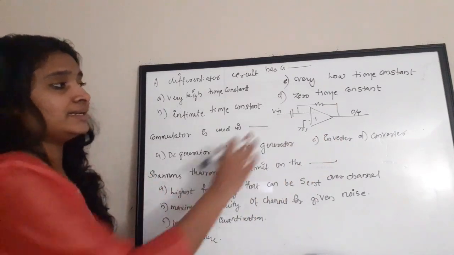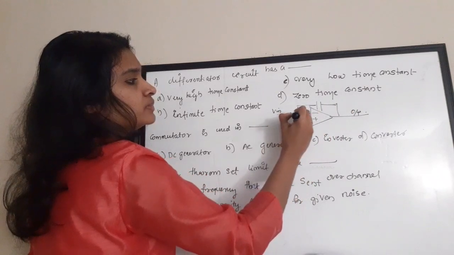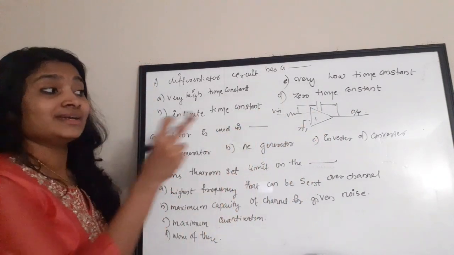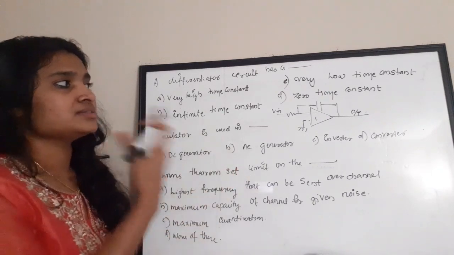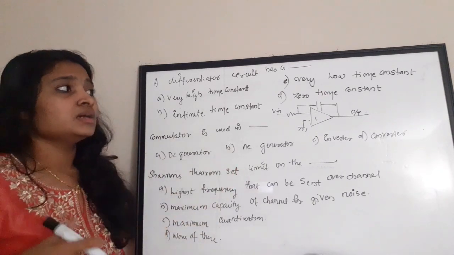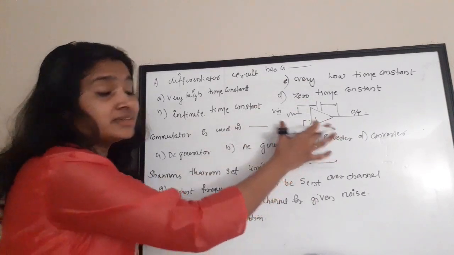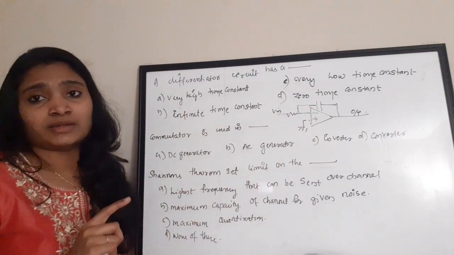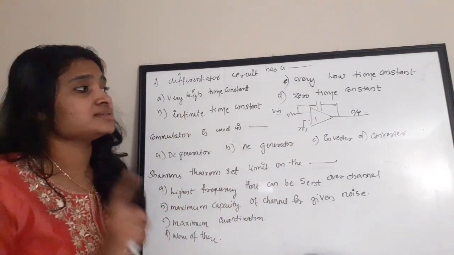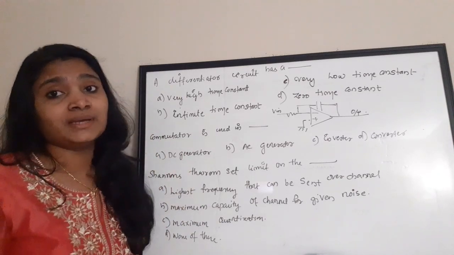Now, if it was an integrator, there is a capacitor in the feedback loop. We have discussed the integrator circuit in earlier videos, not for the AFCAT examination, but in previous year question videos. If you see a capacitor in the feedback loop, you should be able to figure out that it is an integrator. And if there is a resistor in the feedback, it can be a differentiator.